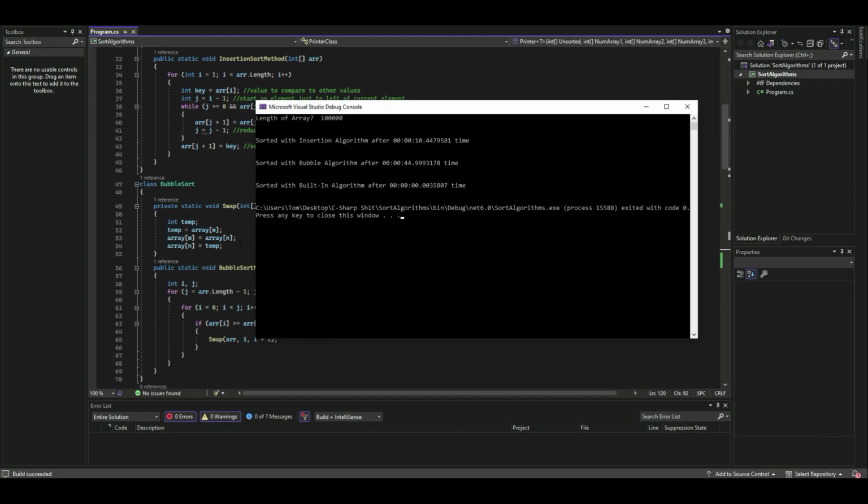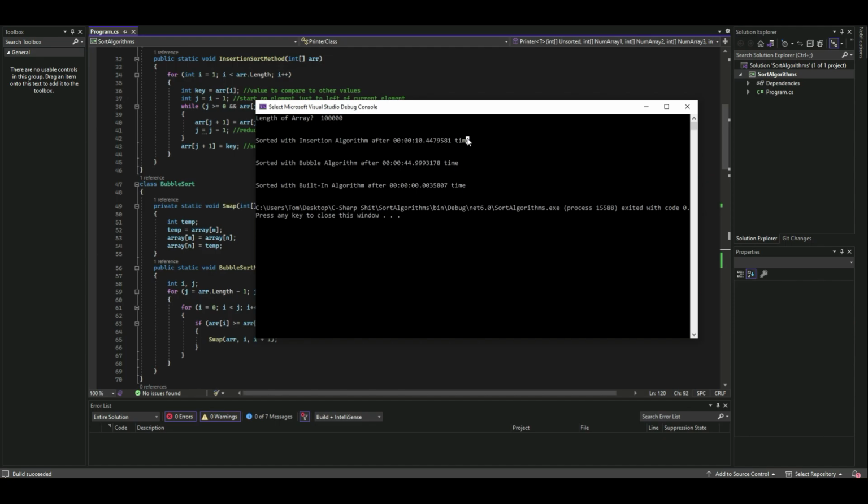All right, so I commented out my recursive algorithm and ran this with 100,000. With the insertion algorithm, this took about 10 seconds. With the bubble algorithm, it took 44 seconds. With this built-in algorithm, it still took less than a second.